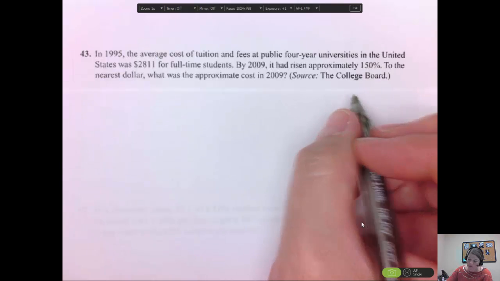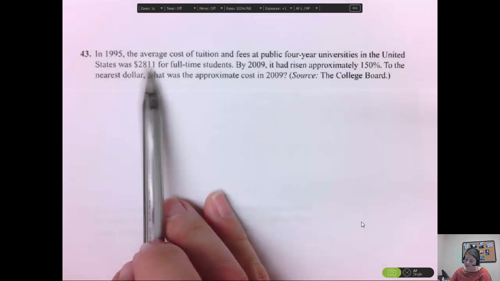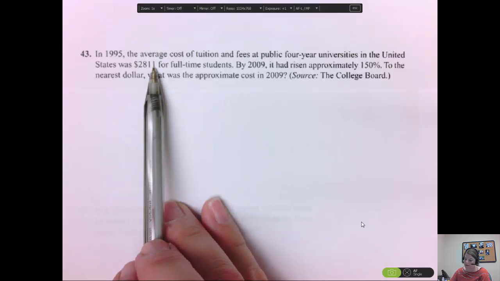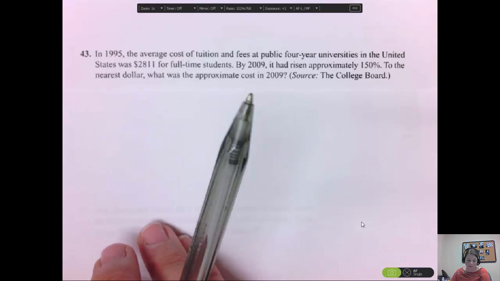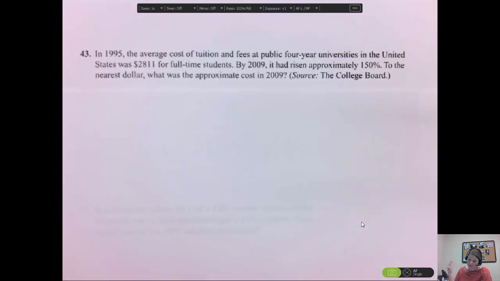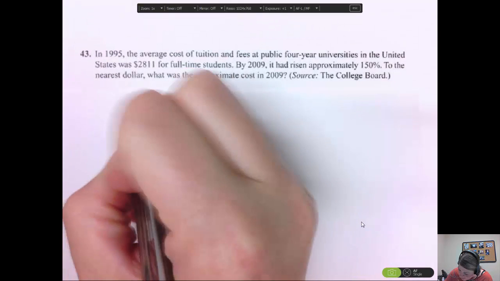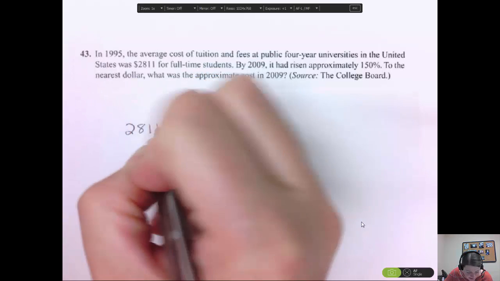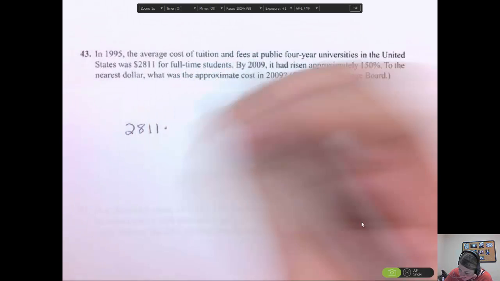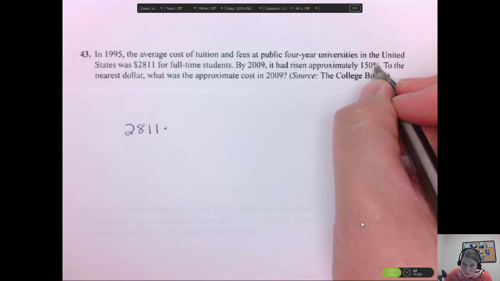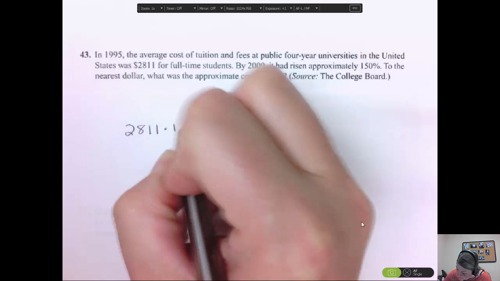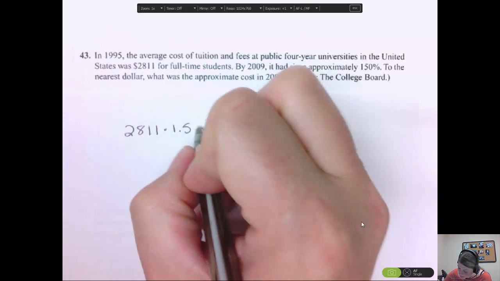So let's think about what 150% means. You could think, well, I need 100%, which would be this full amount, plus the 50% more. The way I think about it is if I have 2,811 and I times it by the percent, which I move the decimal two places, which would make 1.5, what would that give me?